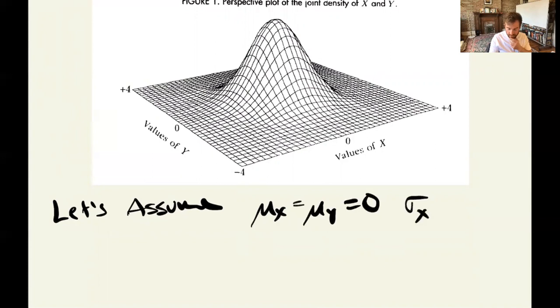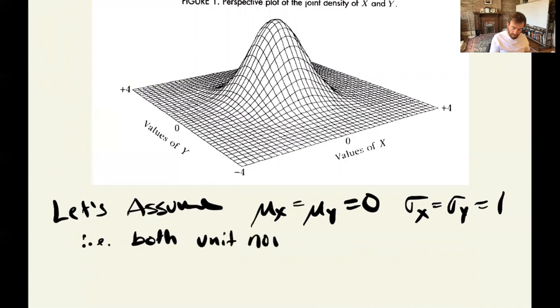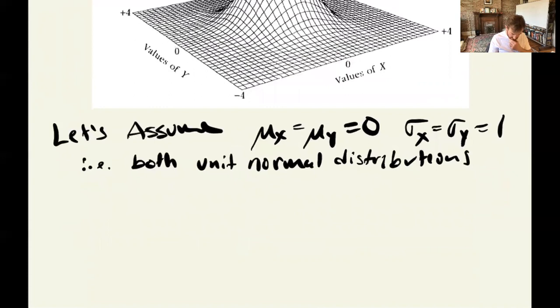Now let's assume further that our variances for both of these are 1, so these are both unit normal distributions. So how do we figure out what the value of this is when we slice it, let's say at y equals 0? It should be the total area under the curve of this multiplication.